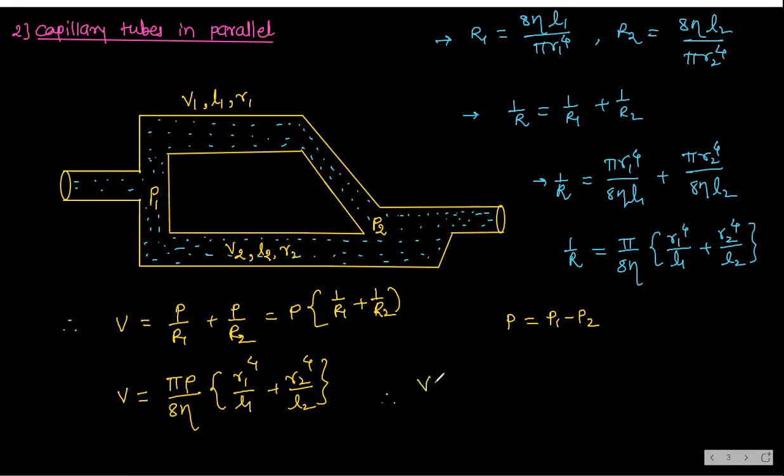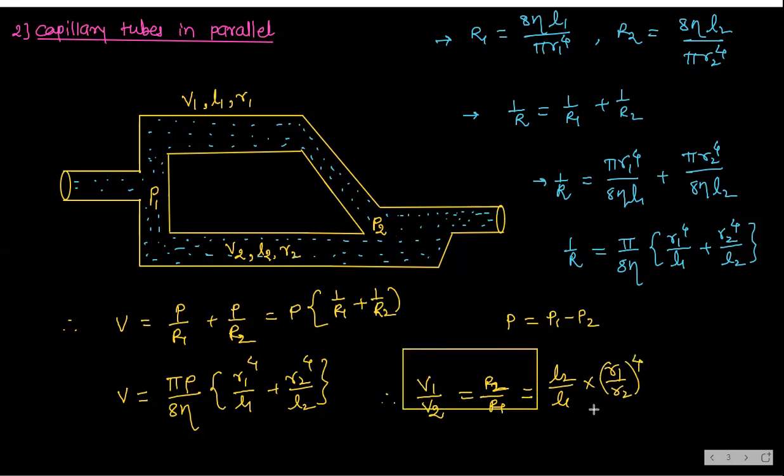And therefore V1 by V2 is equal to R2 by R1 here, and that is equal to L2 by L1 into R1 by R2 whole power 4. Understand? So this is the volume per unit second in parallel combination.